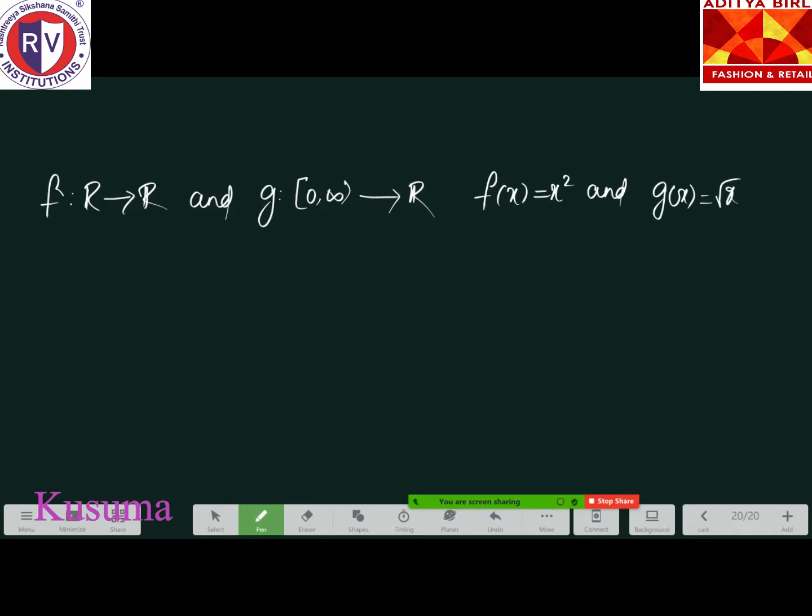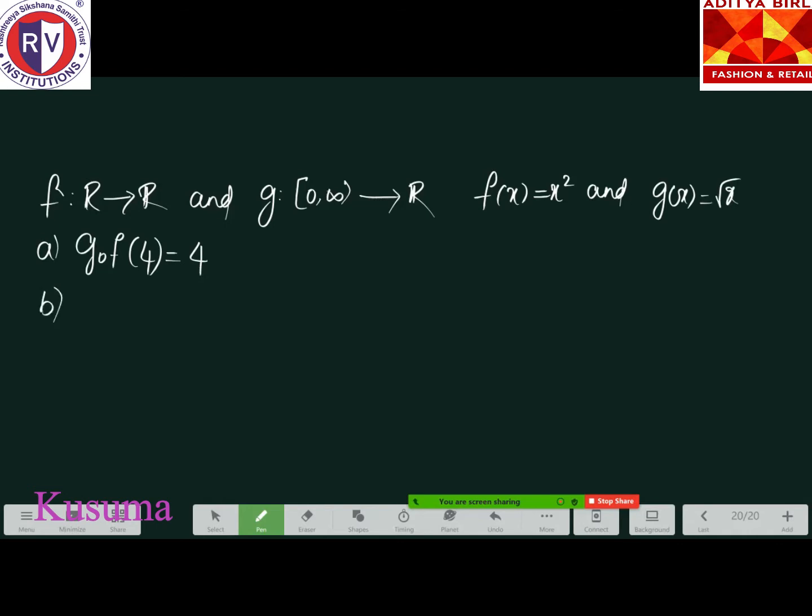Now we have to check which of the following given statements is not true. The statements given are: G composition F of 4, that is G of F of 4 is equal to 4.